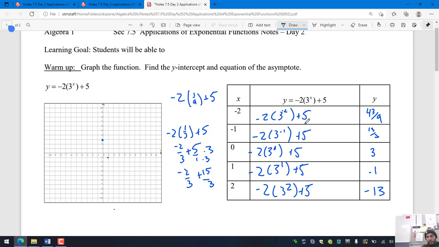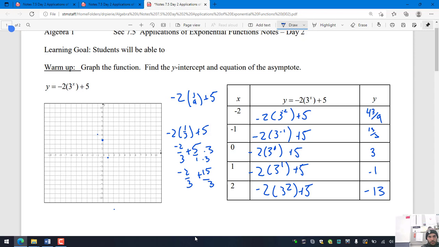Okay, 13 over 3, if you plug that into the calculator, you'll realize it's basically just a number that's a little bit bigger than 4. It's 4 1/3. So to plot that point, negative 1 for x, I go 1 unit to the left, and 4 1/3, so I go up 4, but not all the way up to 5, maybe just a little bit above 4.